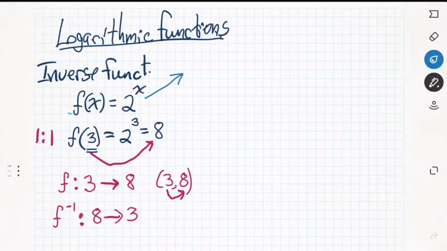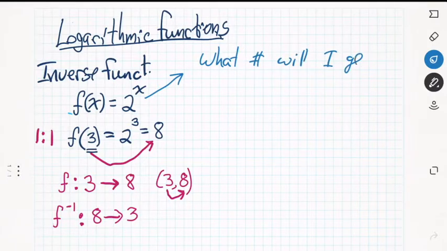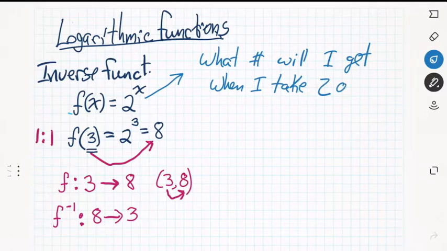So the best way to describe this is to change it into English. So we can change the f of x equals 2 to the x into a kind of question. What number will I get when I take 2 and raise it to a power?